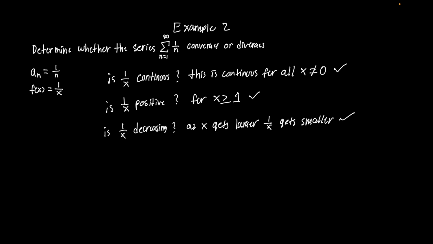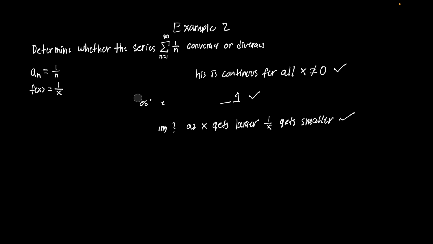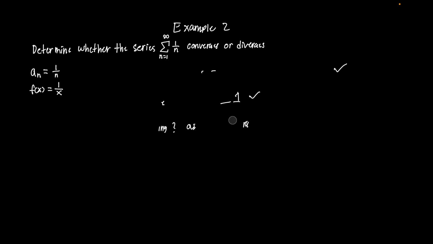So I'm going to erase this. Let's start integrating. Now we just write the improper integral. So it's going to be from 1 to infinity of 1 over x dx.